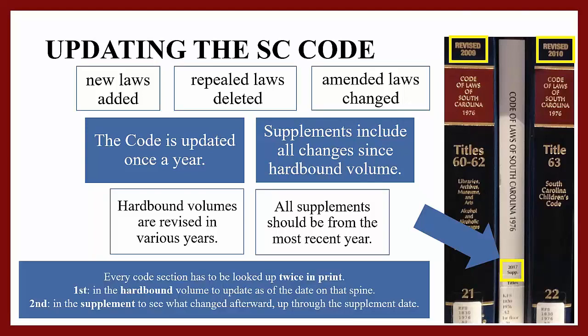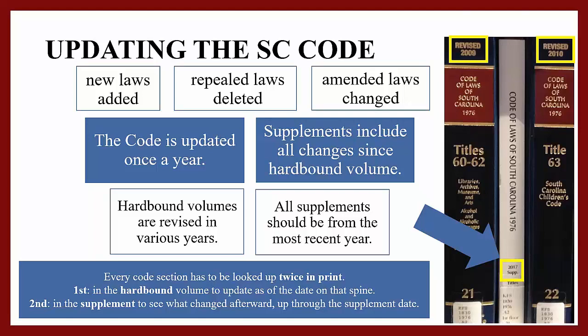And your process when you're looking things up in print is you have to look up every code section twice. The first place you look it up is in that hardbound volume, and that gives you the version that was updated as of the date on the spine. And then you have to look it up all over again in the supplement to see what changed afterward up through the supplement date.